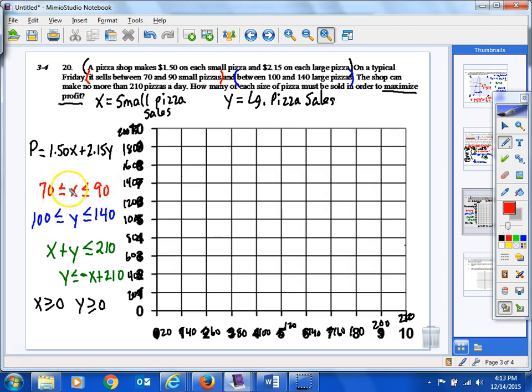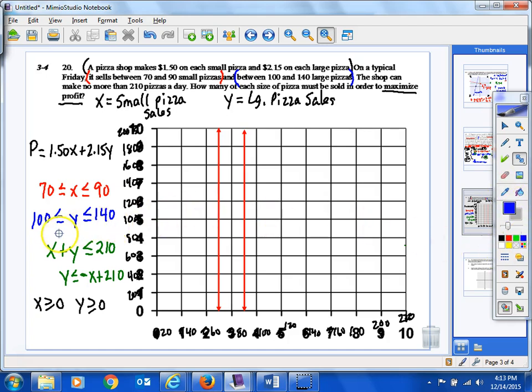Starting with the red constraint for small pizzas, we're going to draw a line that would be x equals 70, right in the middle of 60 and 80. And another line for x equals 90. And since it's an inequality, we'll think about what it would look like to shade between these.